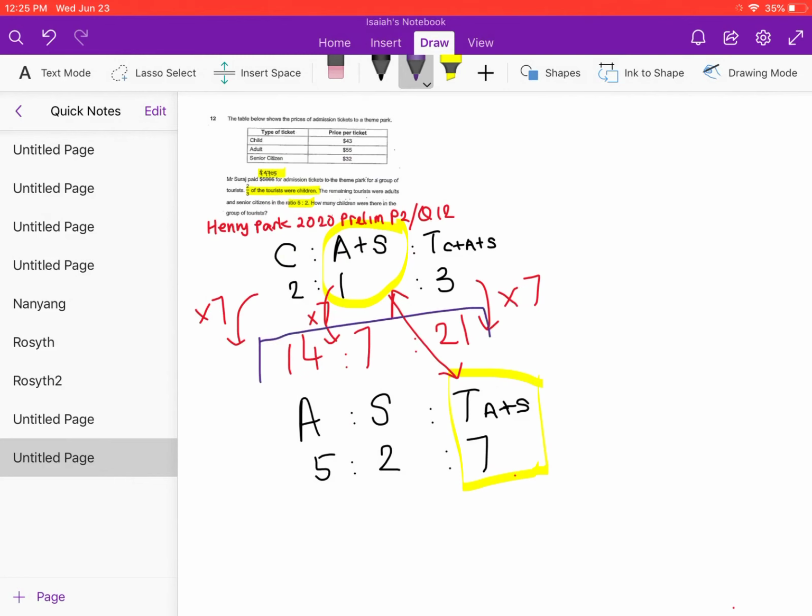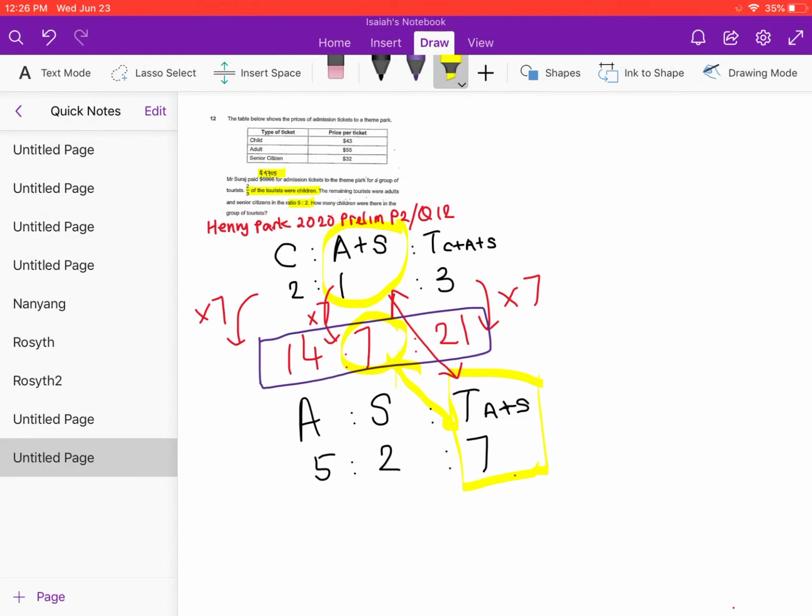So this is the new one that I have, and you will see that the number of parts of adults and senior citizens will be 7, which is the same as the bottom. So I'll highlight this. They are now the same, which is the reason why I want to multiply, so as to allow us to manipulate the information more easily.